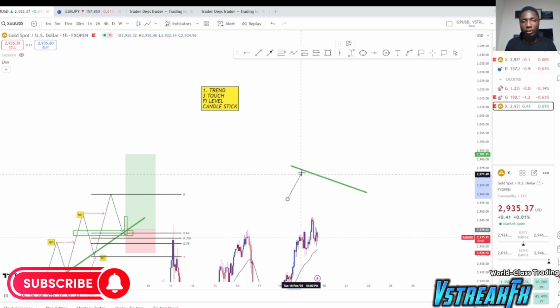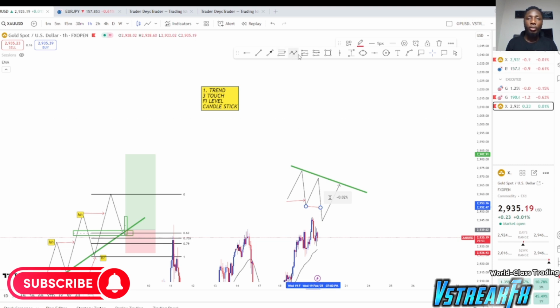So you have 1, 2, and at the third touch, yeah, exactly. You must be having your break of structure. Identify the trend. The trend must be in your favor, where you have your lower lows and lower highs. This is your lower high.